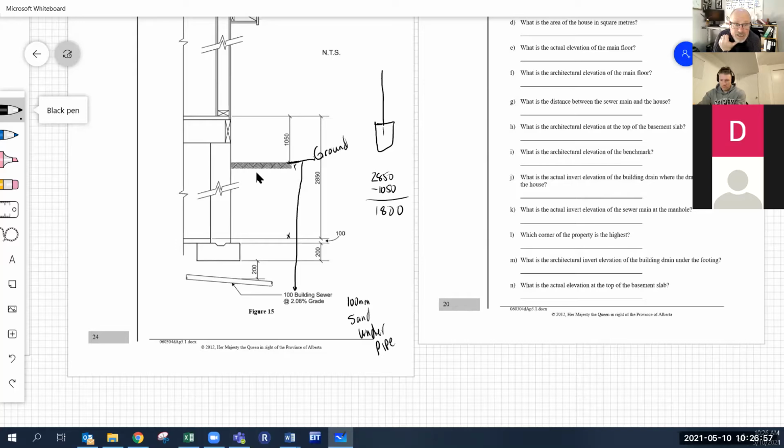So that's going to be 1,800 from here to the basement slab. And then we add 100, then 200, then 200, then 100, and then we have 100 for the sand. 2.5 meters total, 2,500.